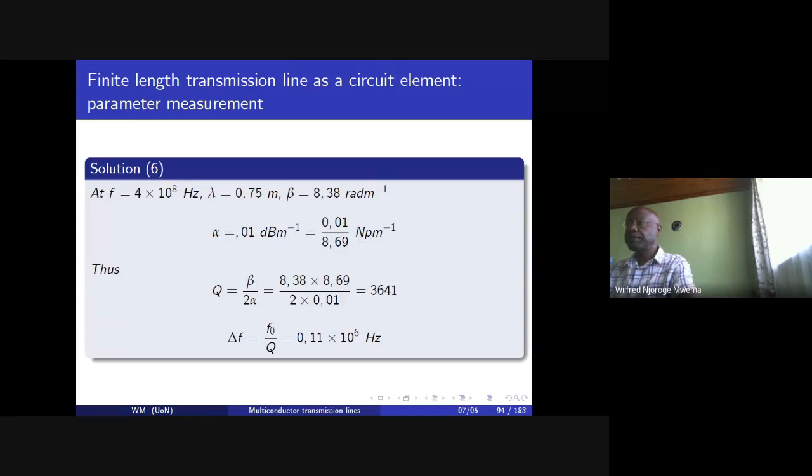What would it be? You have a minute or half a minute to do that because it's just a division. Could you get the fractional bandwidth of that circuit?